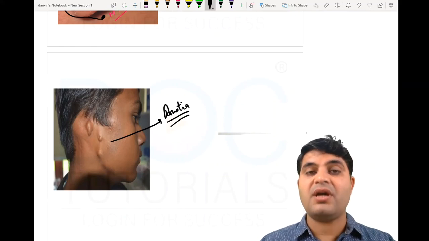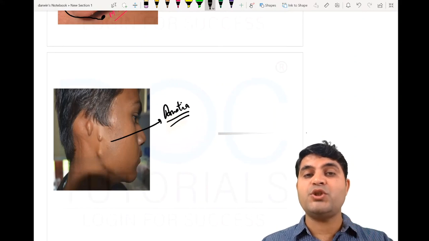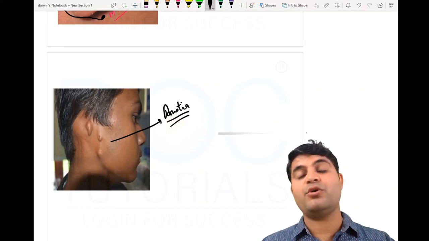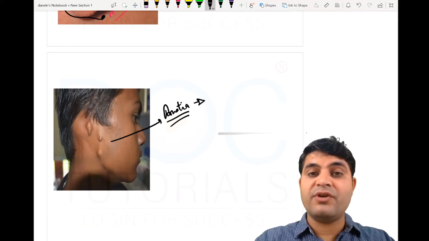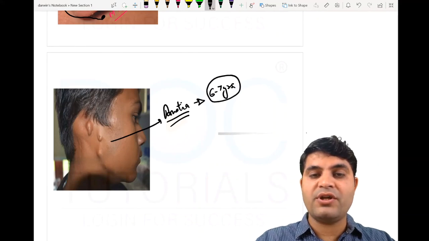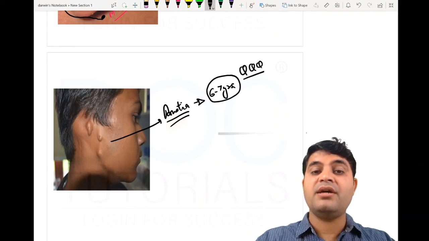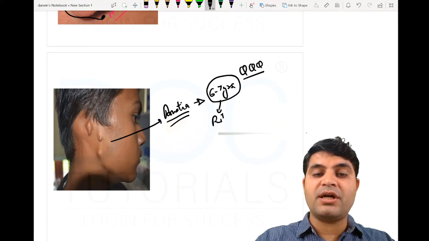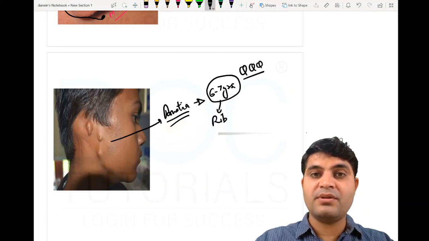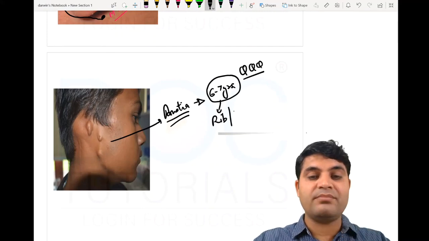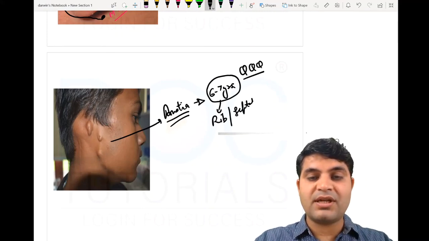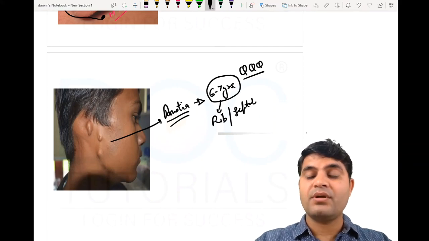This question can be asked, what is the age at which you repair this anotia or microtia, when you have a small dysplastic ear? The age is once this child attains 6 to 7 years. Why? Because either we take rib cartilage, or suppose we take cartilage from septum, septal cartilage, or we take iliac crest.